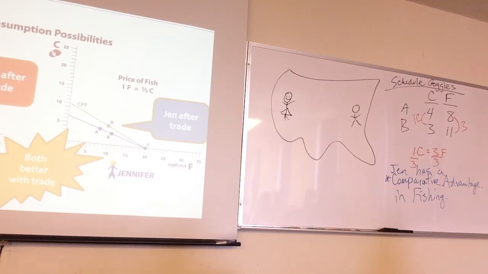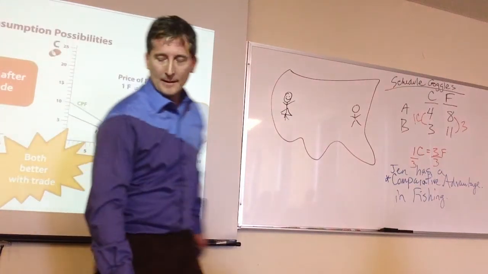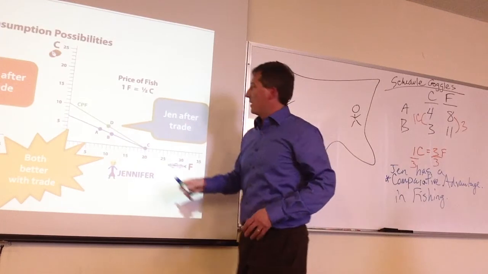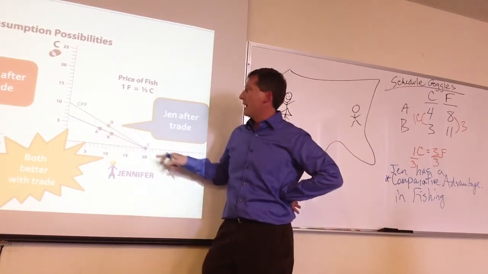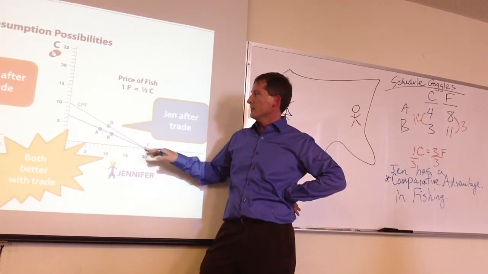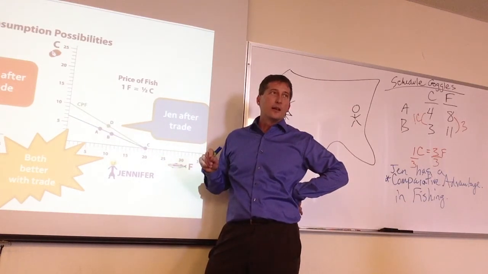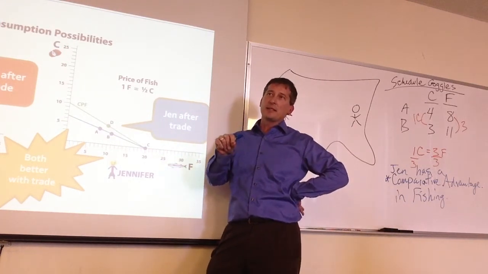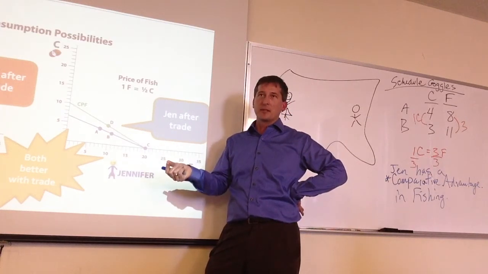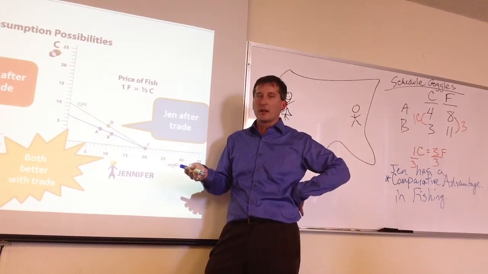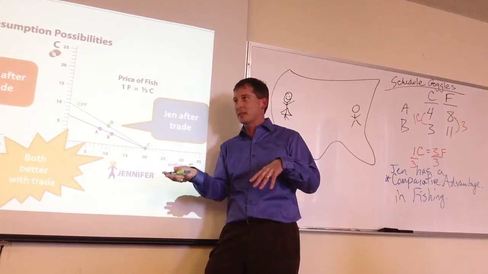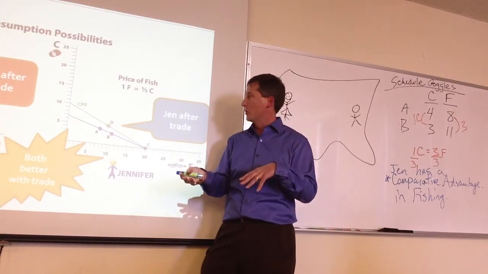All right, so back to our graph. We can show the power of the trade this way. If both of them are acting independently, the production possibilities are equal to the consumption possibilities. It's kind of a self-sufficient thing. What you produce is what you eat. What you produce is what you consume.